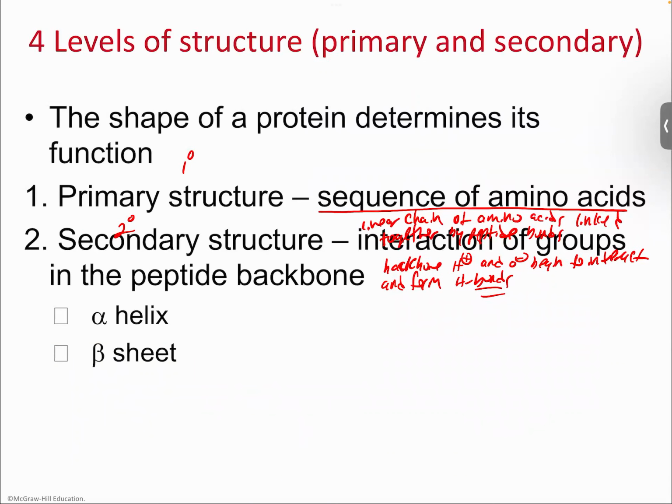Now, as it turns out, there's two major patterns that you see in secondary structure. One is the alpha helix, which is basically a coil. The backbone coils like this, and it's held together with hydrogen bonds between oxygens and hydrogens.